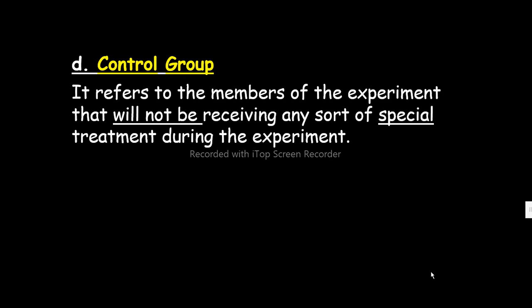The control group is that group that won't be receiving any special kind of treatment. Maybe those are the guys that you leave to suffer normally, no sleeping, they go and do it on their own. Those who are to read, they read. That's the control group.